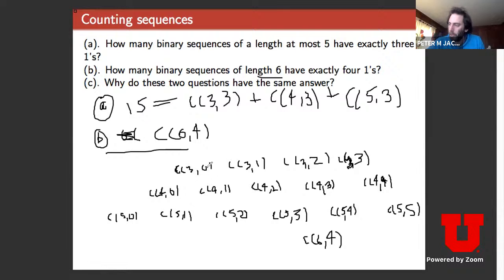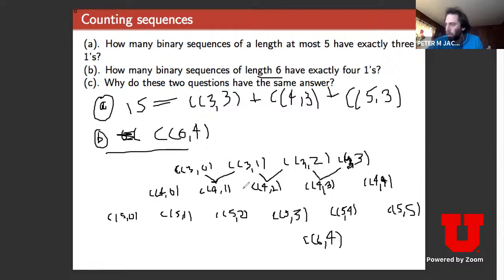If you take 3 choose 0 and 3 choose 1, then you get 4 choose 1. And this pattern works out everywhere in this picture. If you take 3 choose 1 and 3 choose 2, then you get 4 choose 2. If you take 3 choose 2 and 3 choose 3, then you get 4 choose 3.